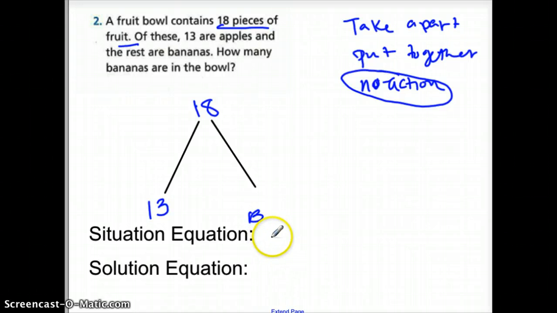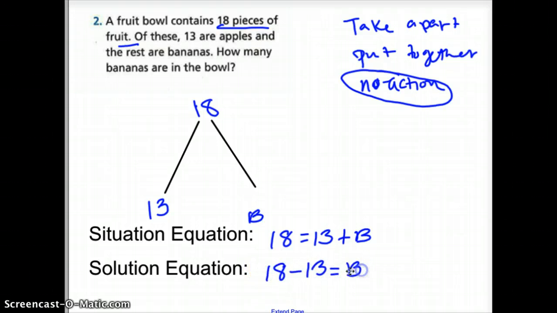So my situation equation would be 18 equals 13 plus bananas. To solve that, I would do 18 minus 13 equals B. So B equals 5 bananas.